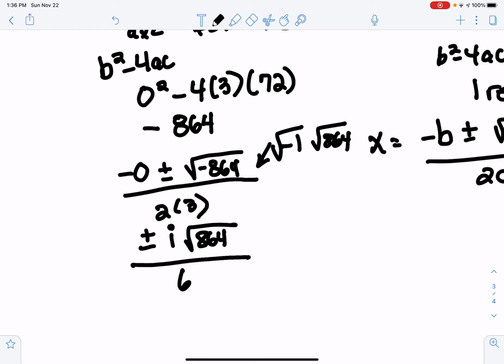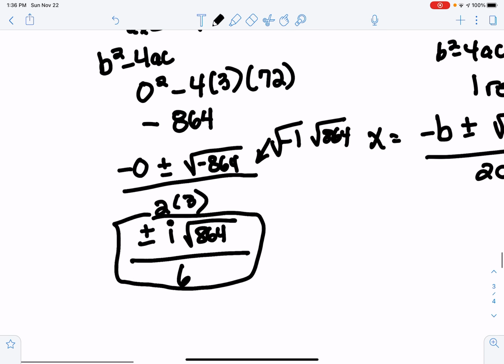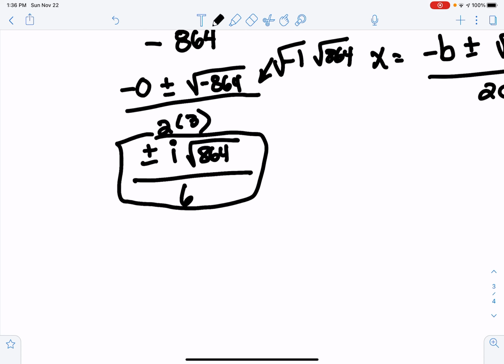So if you got to this point, I'd be really happy. But we could take it farther. On Wednesday, we were working on simplifying radicals. For example, when I look at 864, I know a 4 can come out of it. And so if I do that, I'm going to get 4 and 216.